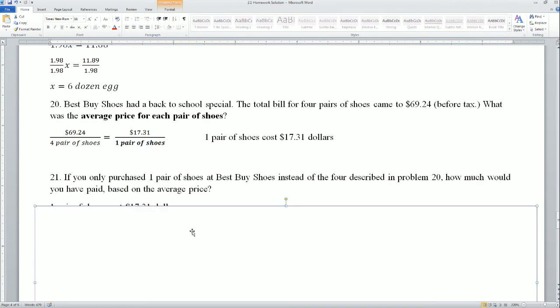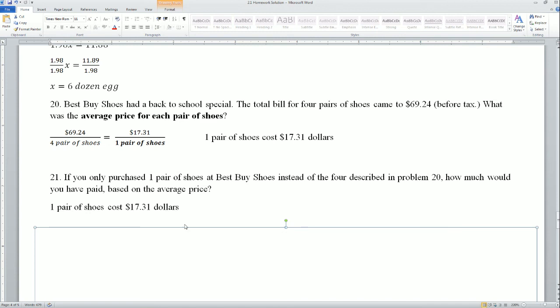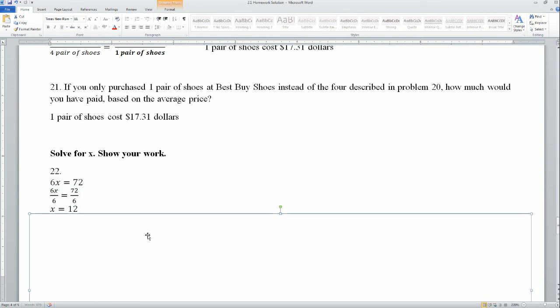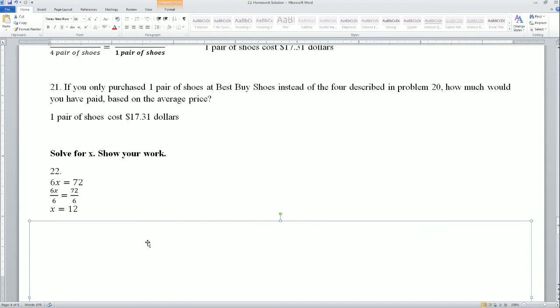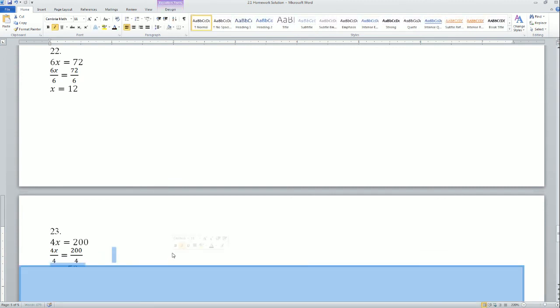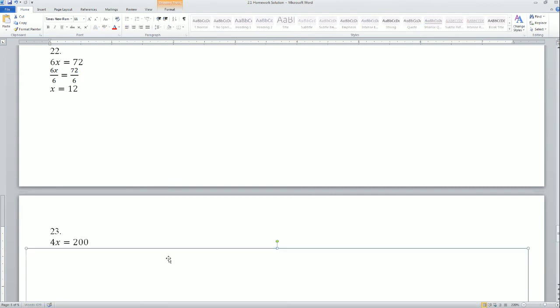The next question says if you're purchasing 1 pair of shoes, again, 1 pair of shoes costs $17.31. Here you're just solving for x. So 6x equals 72. You want to divide 6 to both sides. You get x equals 12. 23. 4x equals 200.